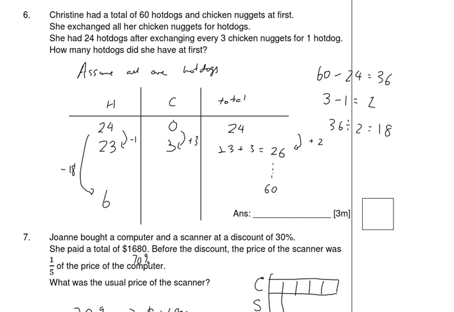Yes, Gabriel, what? Different working, I know. Some people have different ways of solving. Okay? Can. You can assume there are 60 hot dogs at first as well.